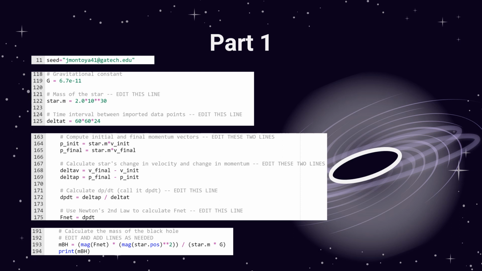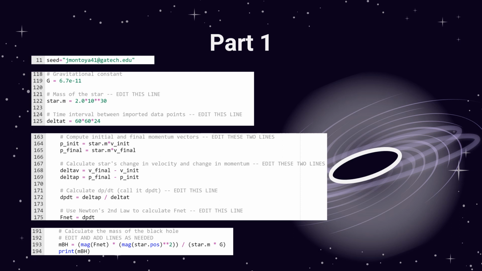Then we can find momentum using the mass of the star times the velocity for both initial and final, and then delta V and delta P are the change in velocity and change in momentum respectively. And dp/dt refers to the change in momentum over the change in time, which is also equal to the force by Newton's second law.